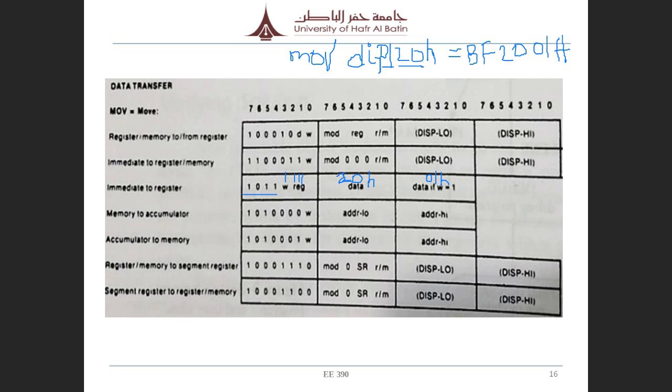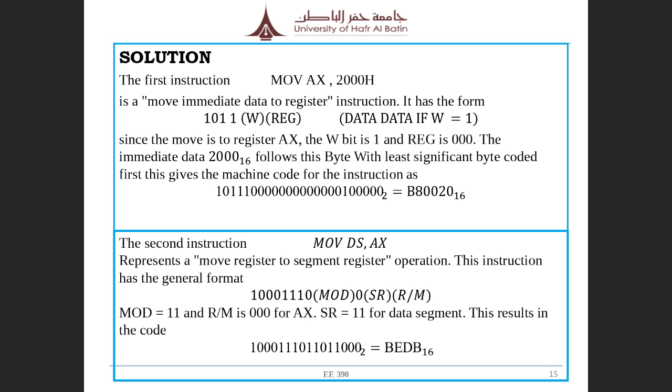Is it okay? Okay, so it is clear now. Hopefully you got it. Here also it needs 3 bytes, or 3 memory locations: BF2001.